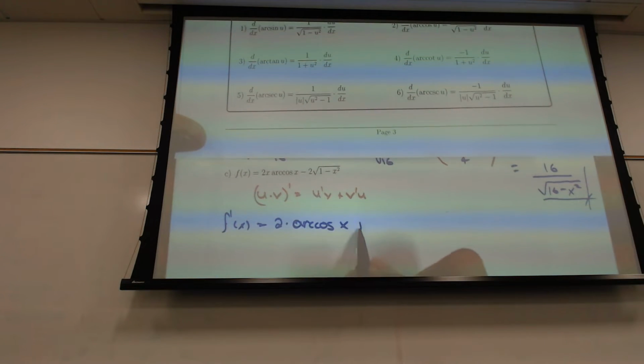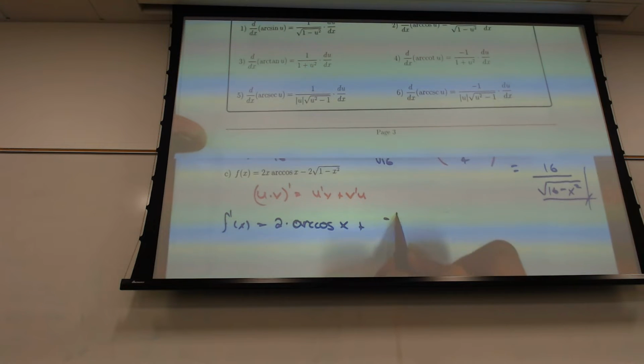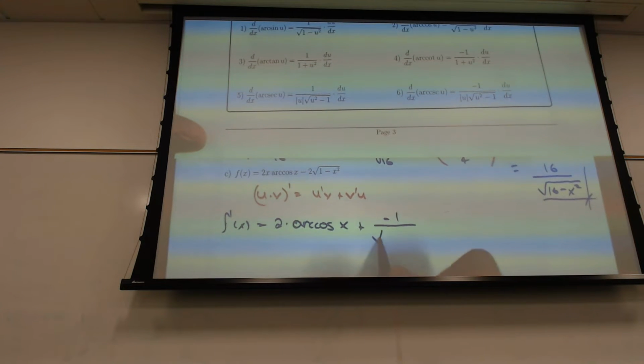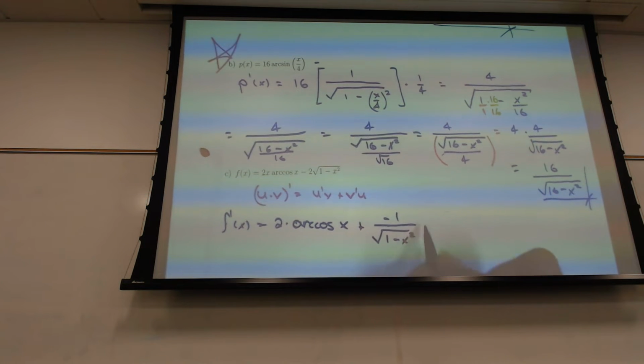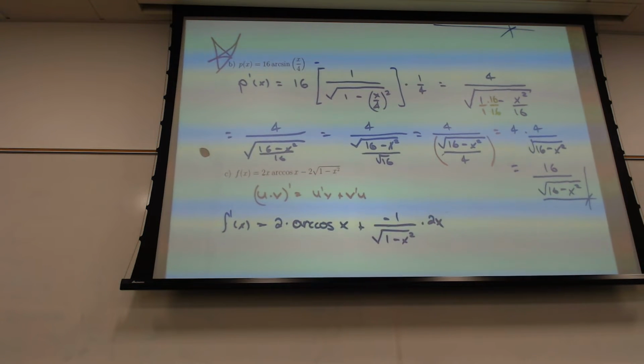That is plus negative 1 over the square root of 1 minus x squared times 2x. All right?